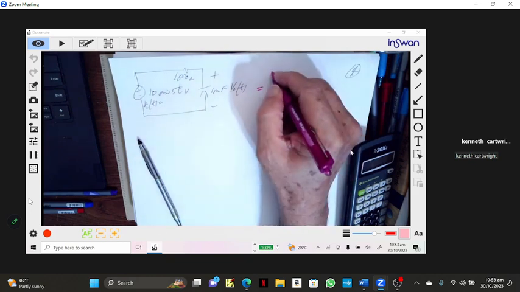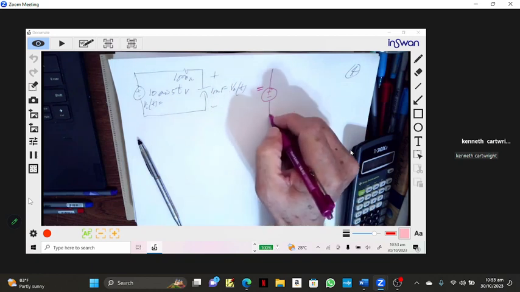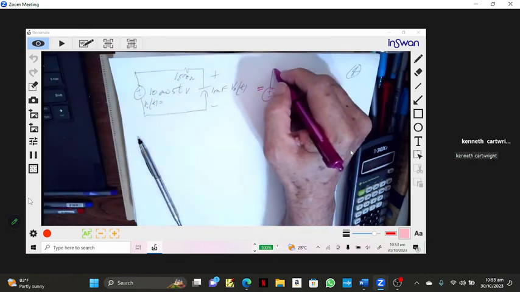So what does this input voltage become? What does the input become?